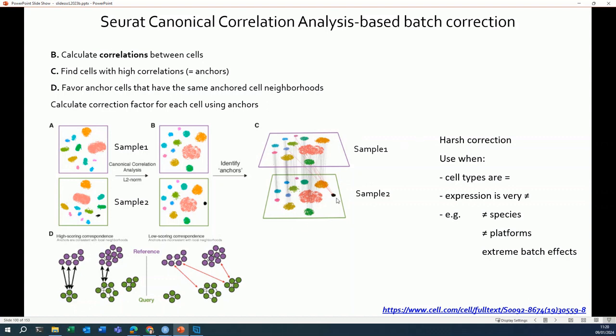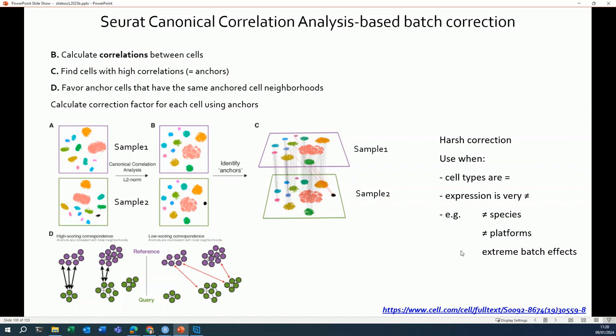So you typically use this when you have very strong batch effects. It assumes that the clusters that are found in both samples are very similar, so that you have the same cell types in the two samples that you are correcting.